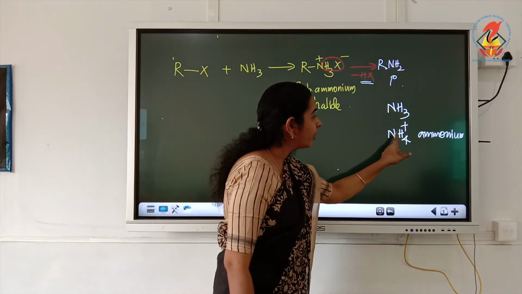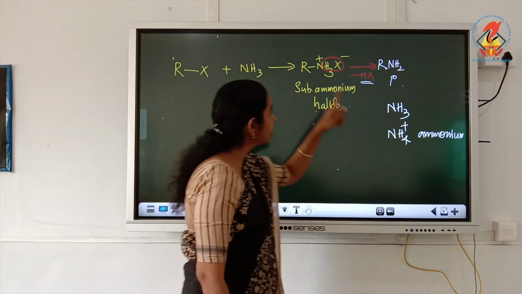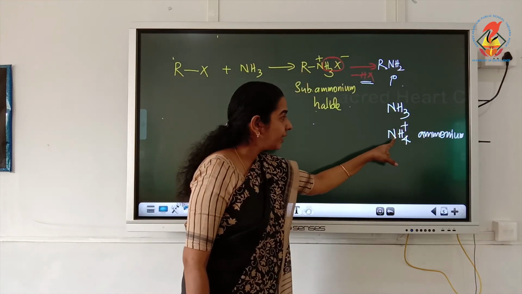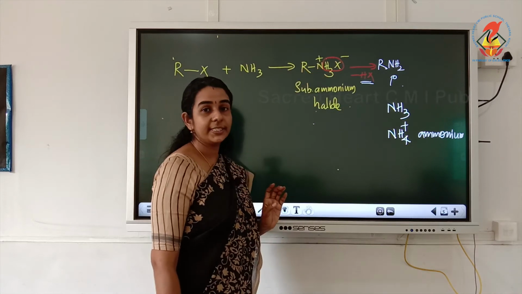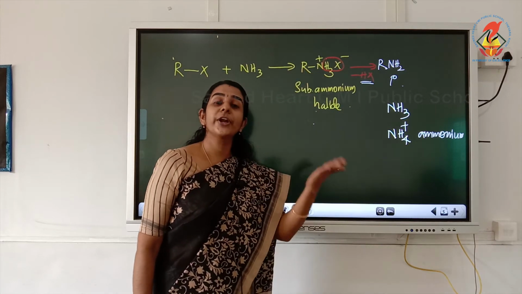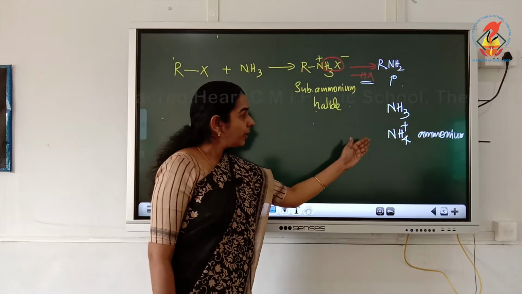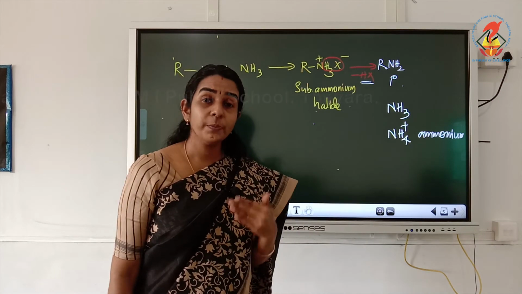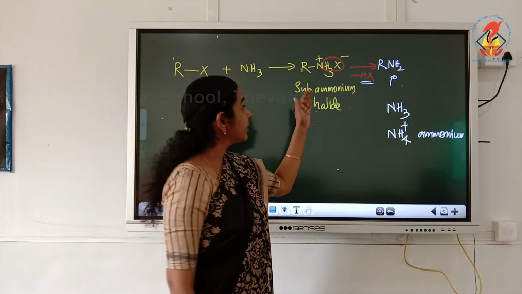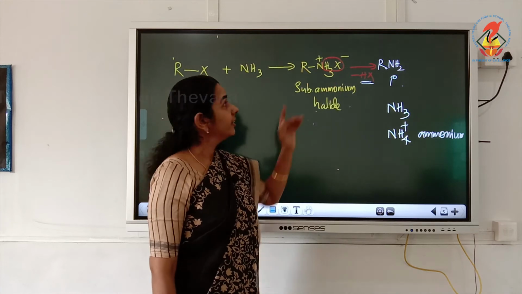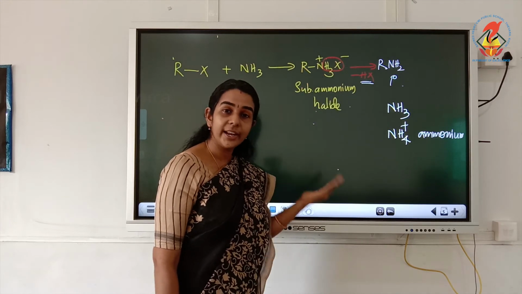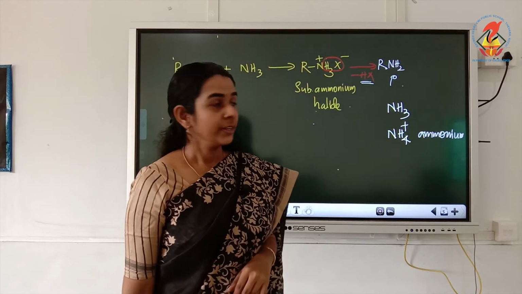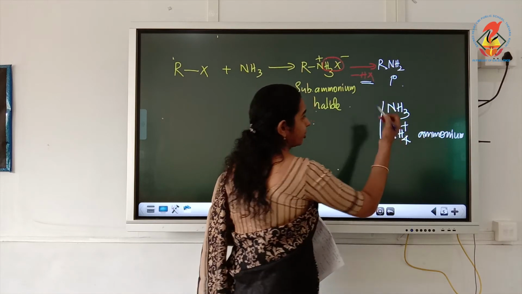From ammonium, one hydrogen is replaced by one alkyl group, so NH4+ became RNH3+. Such compounds are known as substituted ammonium products. And here it is a halide ion, so we can call it substituted ammonium halide.